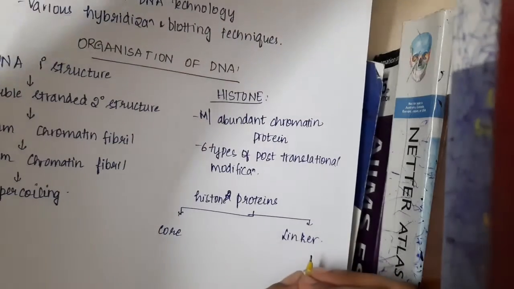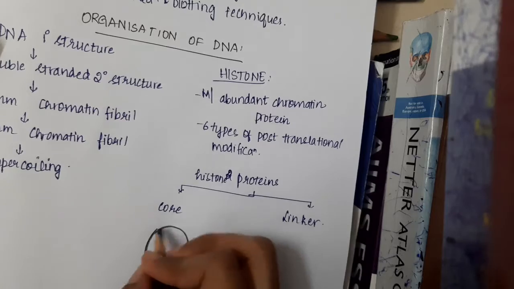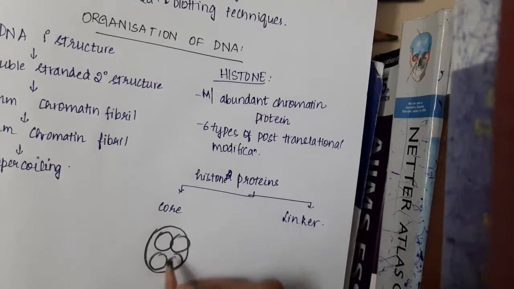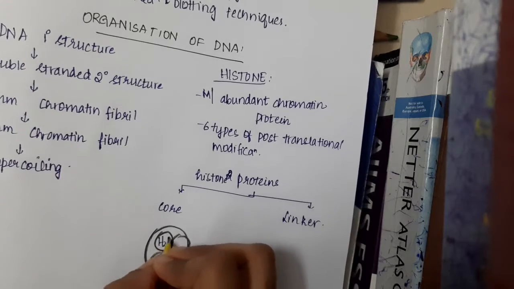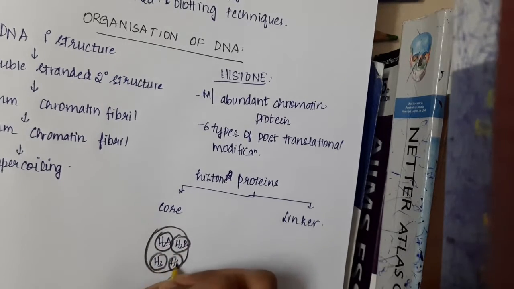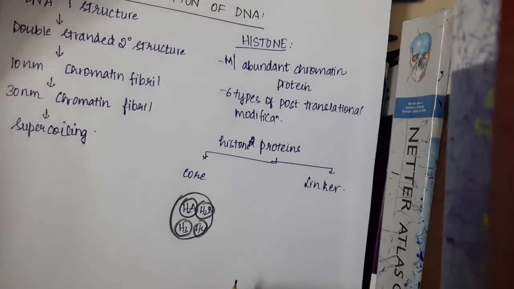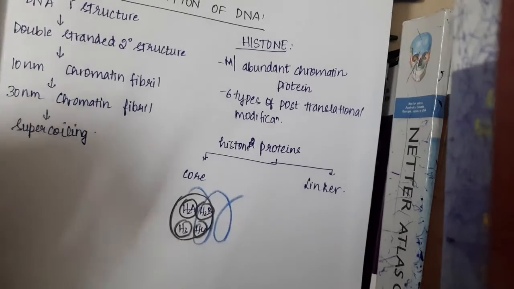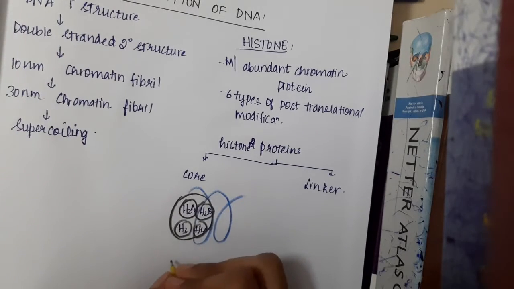Is it clear? Histone octamer, these are core histone proteins: H2A, H2B, H3 and H4. The diameter of this is 10 nanometer, and that is why this is called a 10 nanometer fibril.